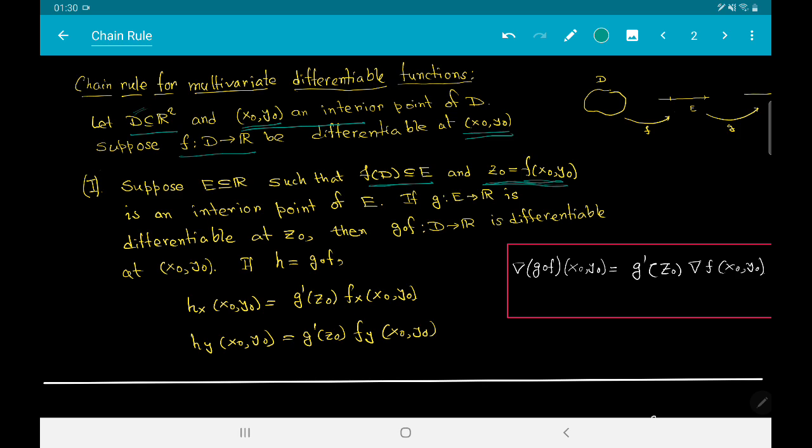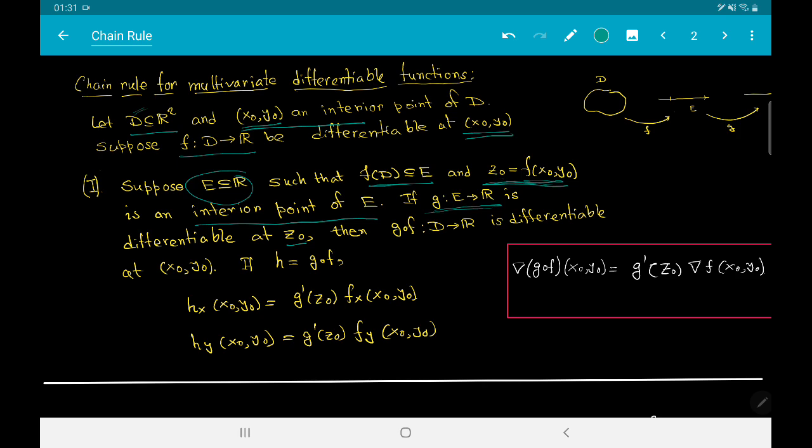Since we are going to talk about differentiability of another function on E, we must take z0 to be an interior point of E. And suppose g is a real valued function on E. Note that E is a subset of R, so g is essentially a function in a single variable. Suppose g is differentiable at the point z0, where z0 is f(x0, y0).